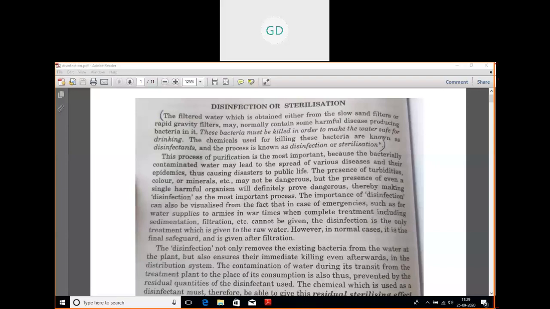As long as you can hear me, I have asked you: suppose I am giving you two glasses of water. One glass contains all kinds of suspended impurities, like the water is turbid, it has color and odor in it.